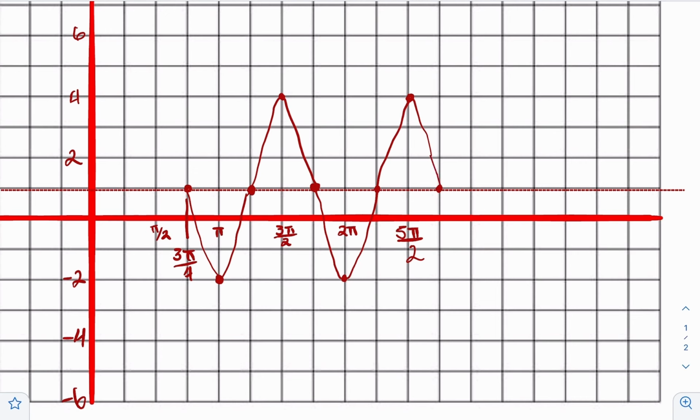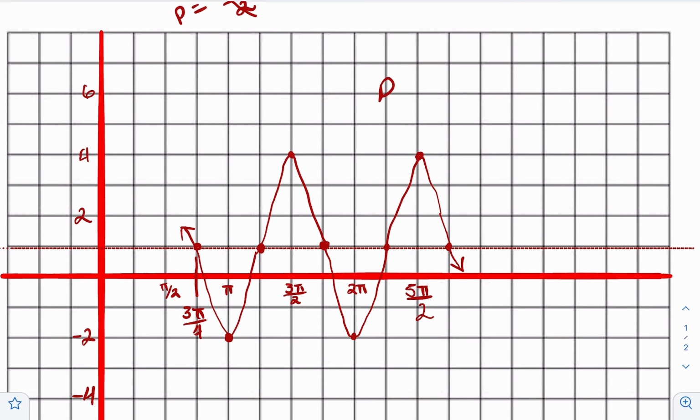Always remember to place arrows indicating that it repeats forever, since the domain is negative infinity all the way to positive infinity. It's just the range that is equal to the lowest point, which is negative 2, all the way to the highest point, which is 4.